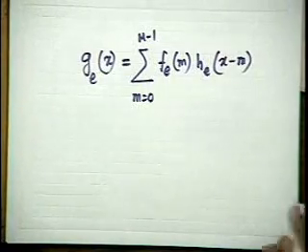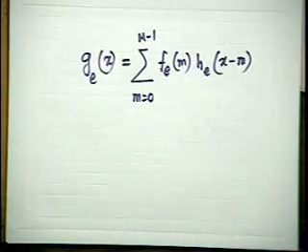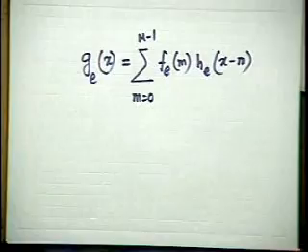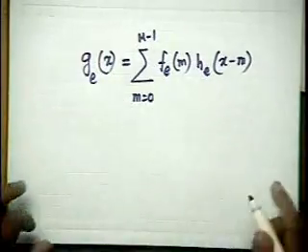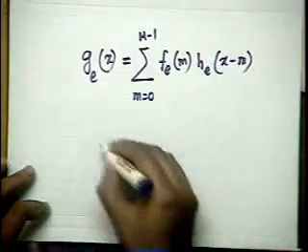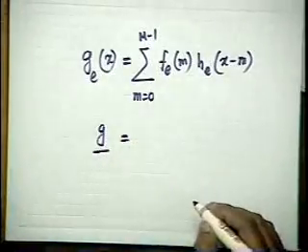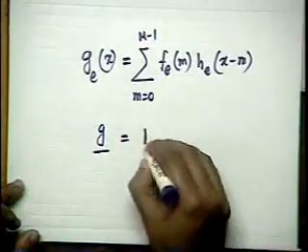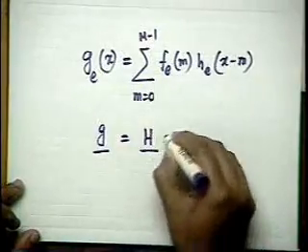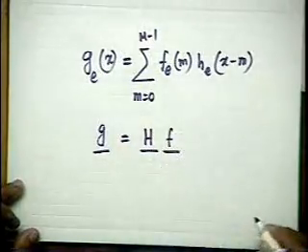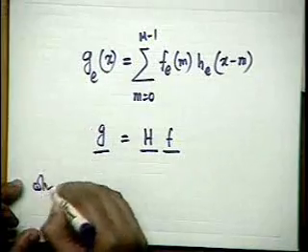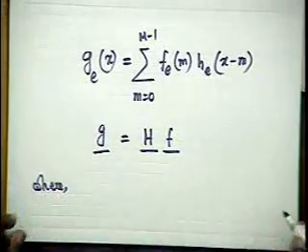Alright. Now this same equation we can write in the matrix form, in the matrix vector notation, as g equals H f, where we are taking how many samples of f?